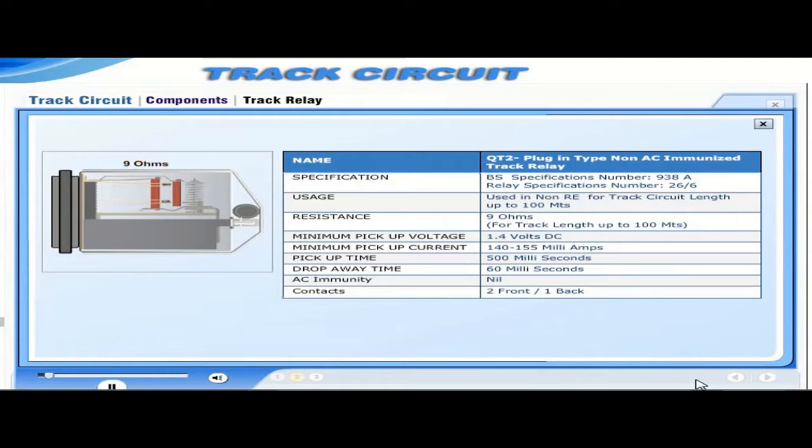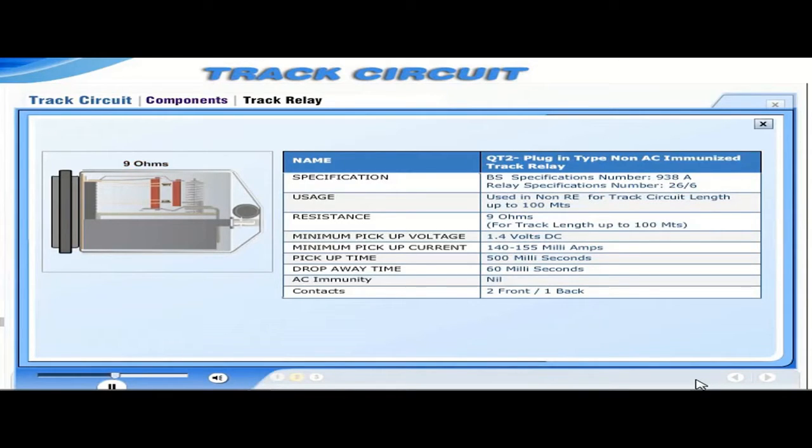QT2 plug-in type non-AC immunized track relay specification. BS specification number 938, relay specification number 26/6, used in non-RE for track circuit length up to 100 meters. Resistance is 9 ohms.